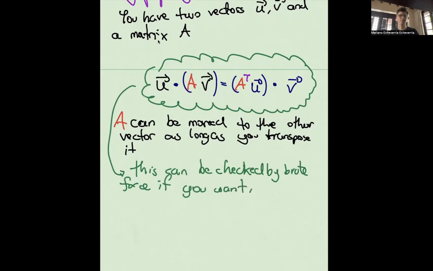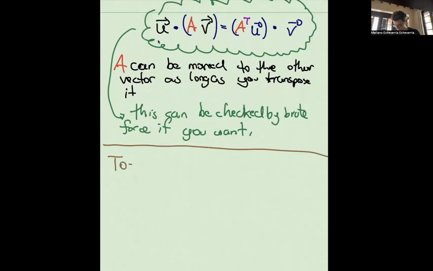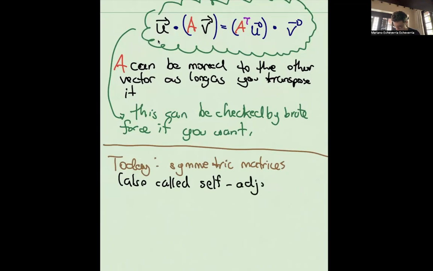Okay, so why am I telling you this? Because the thing that we have to talk about today is symmetric matrices. So what is a symmetric matrix? These are also called self-adjoint, but I'll stick with calling them symmetric for now.